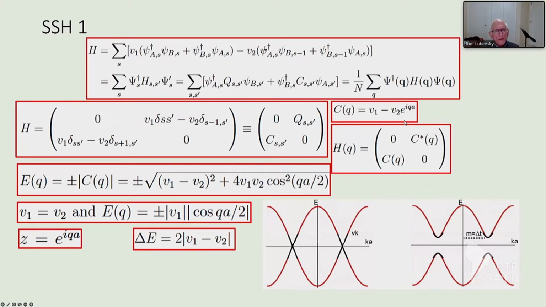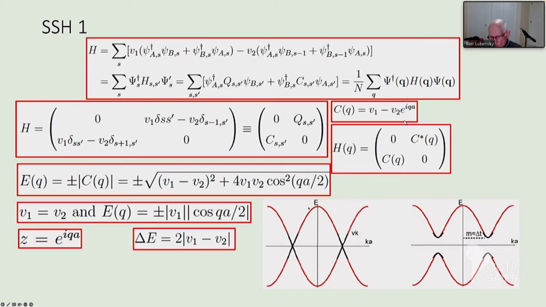And so here we kill an excitation at site S minus 1 and create it at site S, or the other way around, we kill an A state in the S unit cell, and we create a B at the S-1 unit cell.